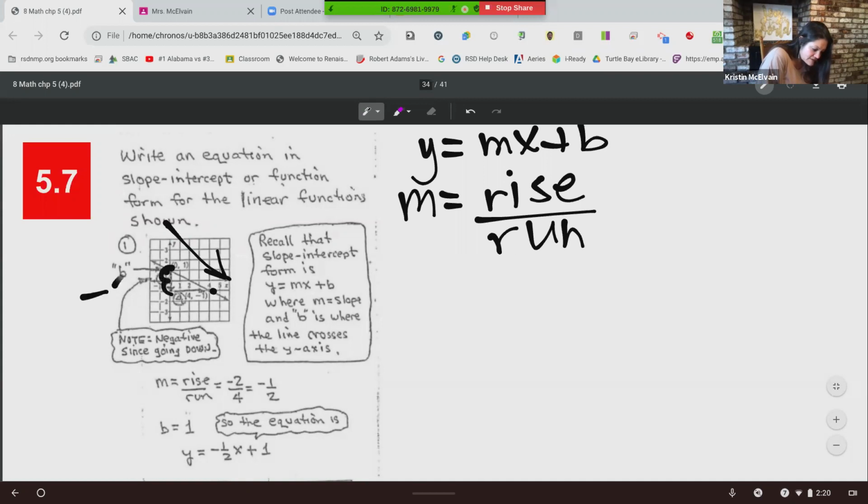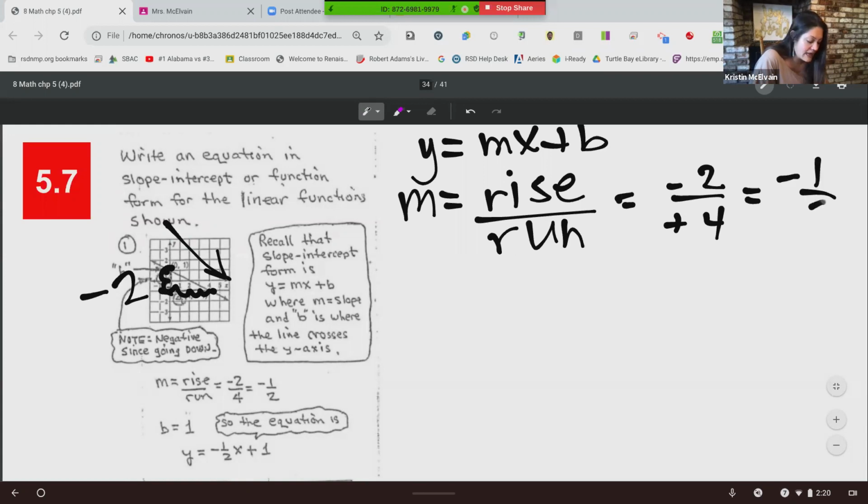So it's -2 over 1, 2, 3, 4, a positive 4. And that we can simplify into -1/2 is our slope.